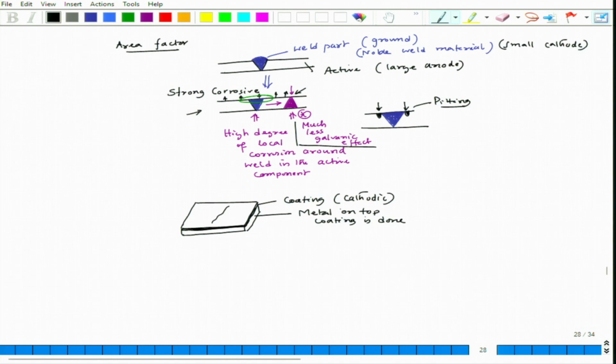Okay. So if we try to look at the local zone, let us say this is my exposed area. So this is the exposed metal, and the rest of the part is cathode.